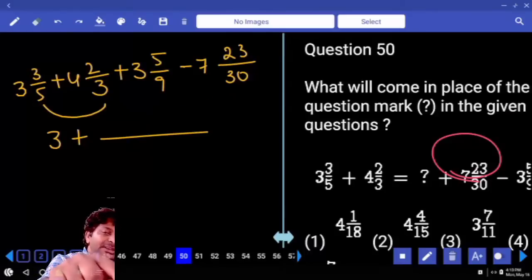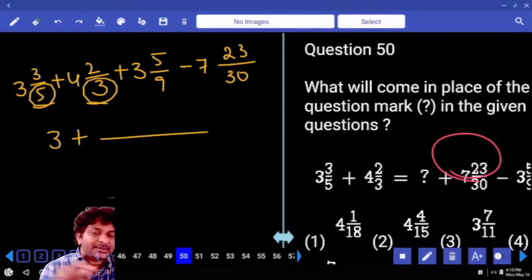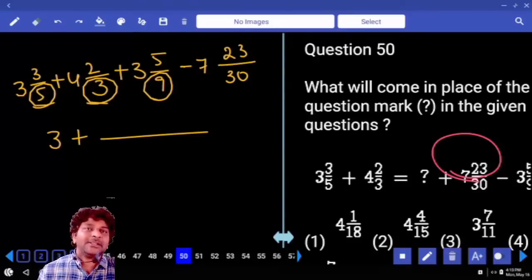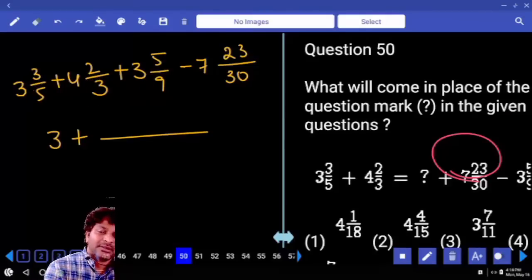Is 5 divisible into 30? Don't worry about it. Is 3 divisible into 30? Don't worry about it. Is 9 divisible into 30? No. Next multiple of 30, is 9 divisible into 60? No. Next multiple of 30, 90. Is 9 divisible into 90? Yes. Then the LCM is 90.